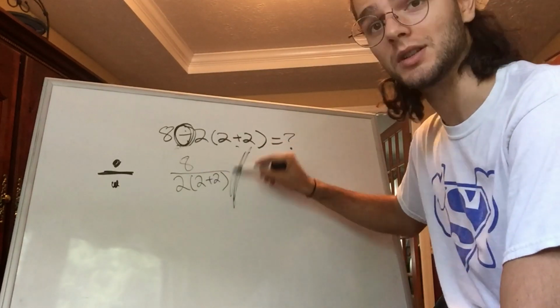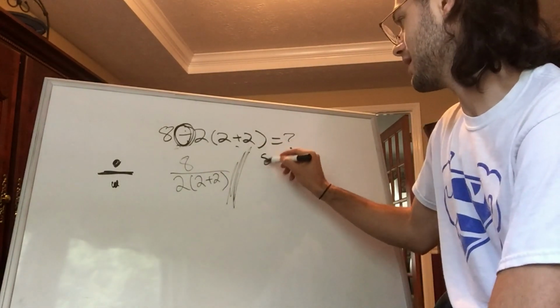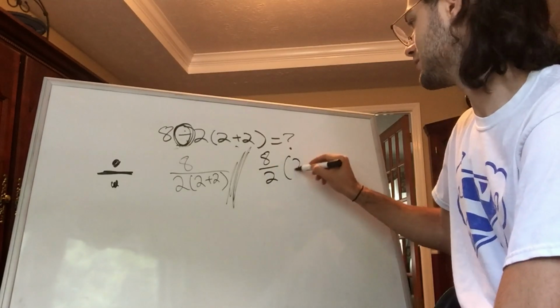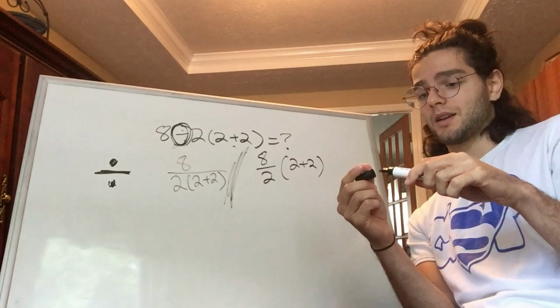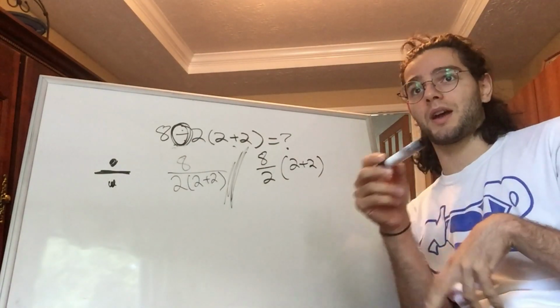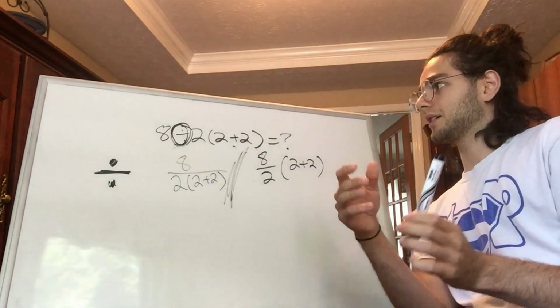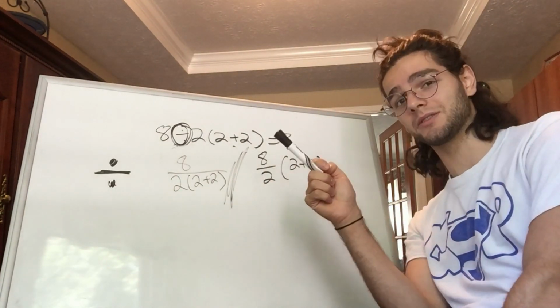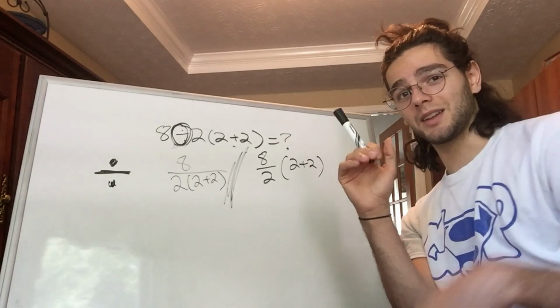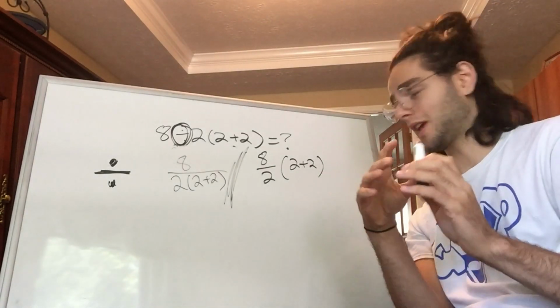Or alternatively, we could write 8 divided by 2 times 2 plus 2. And as we saw before, these are two different things. You may have noticed, if you study math past like a 5th or 6th grade level, that we stop using this symbol for this very reason, because it's not well defined. It doesn't really make sense. It gives us lots of fucky shit that just doesn't end up working.